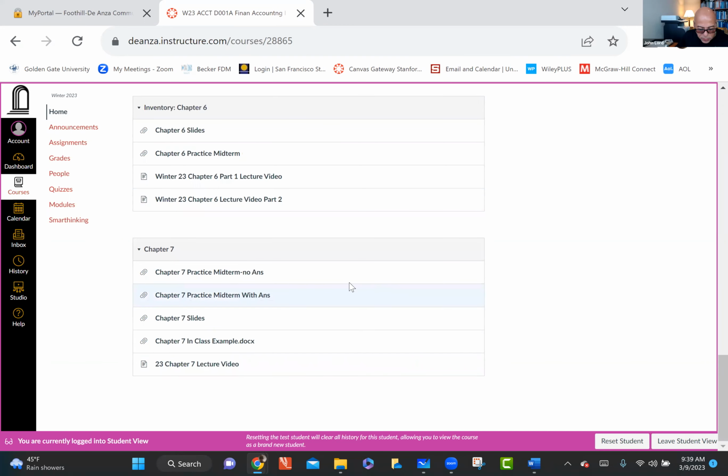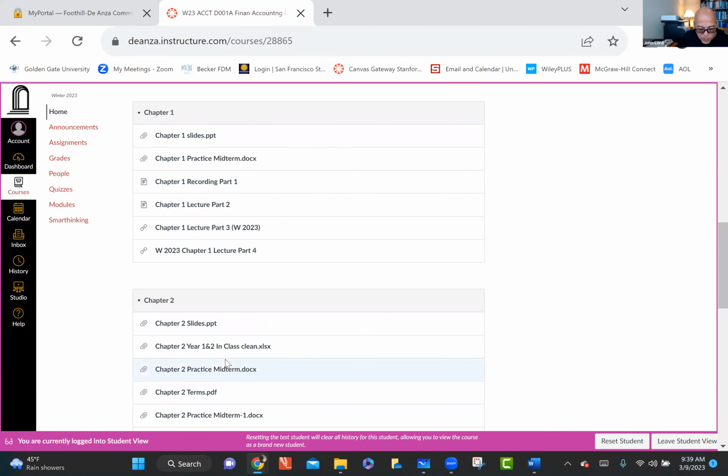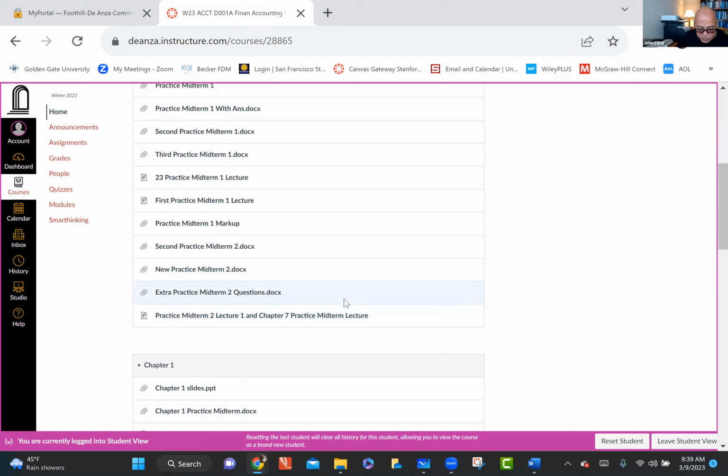The actual file that we went through is down under chapter 7. We went through the lecture, but then we hadn't touched the practice midterm at the end of that lecture. I just went ahead and posted that lecture for that chapter 7 practice midterm under here, and then we went through the practice midterm 2. I think we had 2 of them. We went through one of them together. So that information is there.